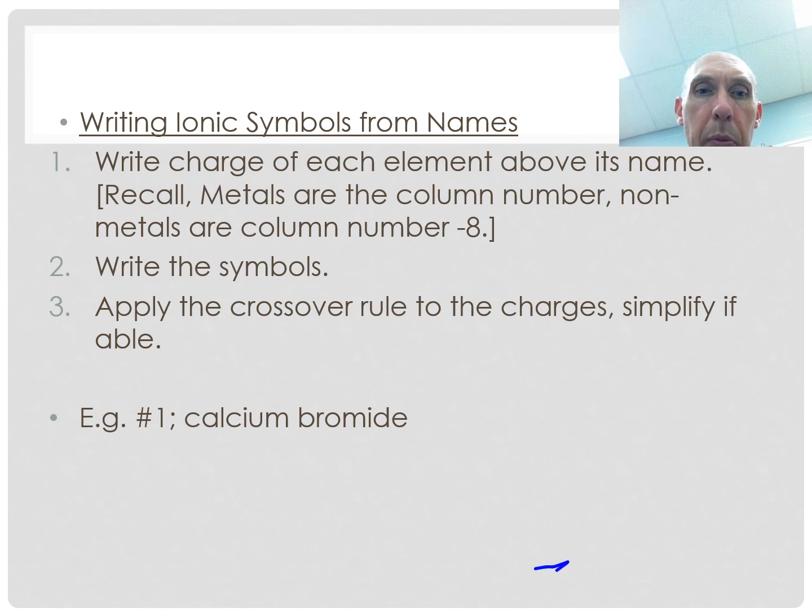Calcium is in group 2 on the periodic table, so it's going to have a charge of +2. Bromine is in group 7. 7 subtract 8 is -1. Write the symbols. Calcium is Ca, bromide will be Br, and then when we cross over, we ignore the signs, and that means 1 calcium and 2 bromine, CaBr2.